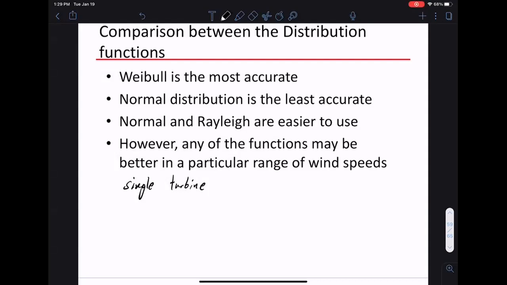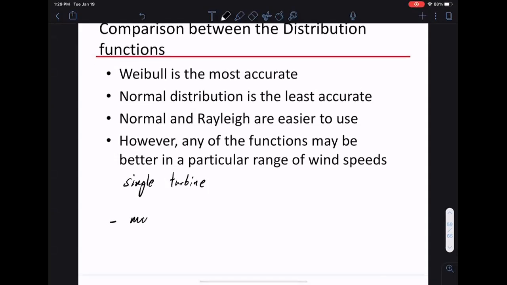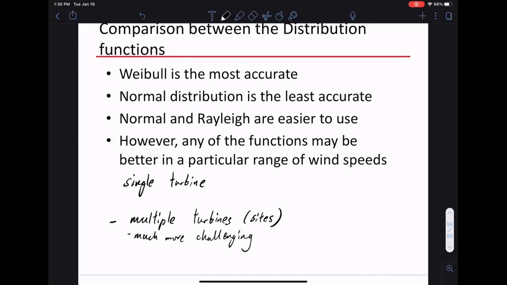But the challenge nowadays really comes down to what to do with multiple turbines, or multiple sites. This is much, much more challenging than a single turbine. So why is having multiple turbines more challenging?